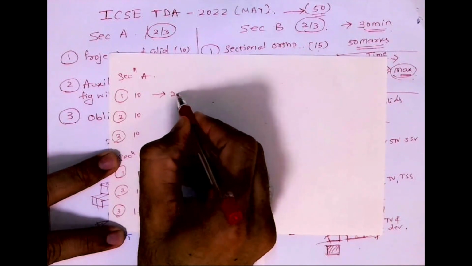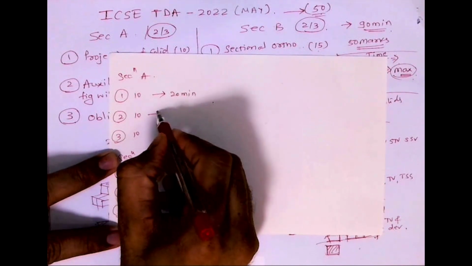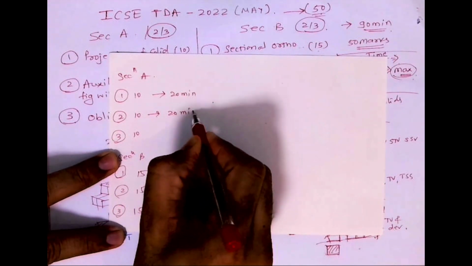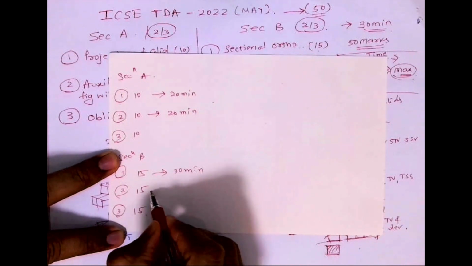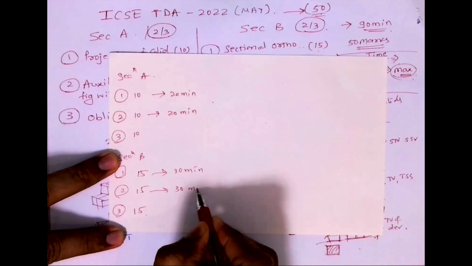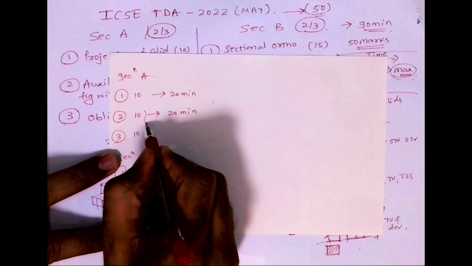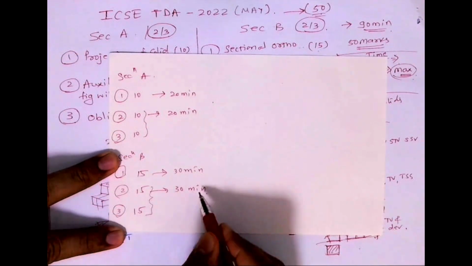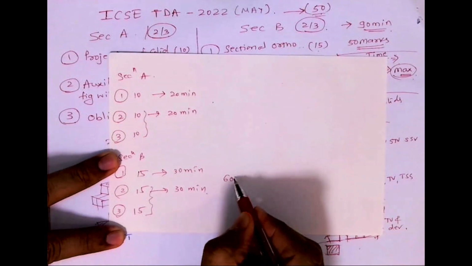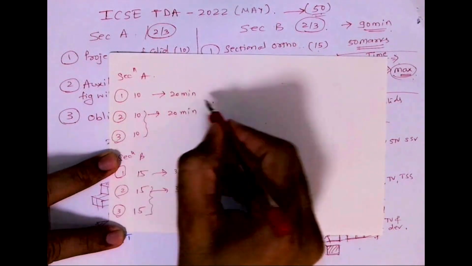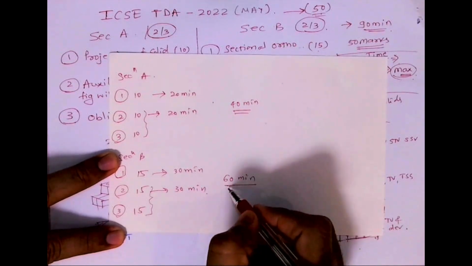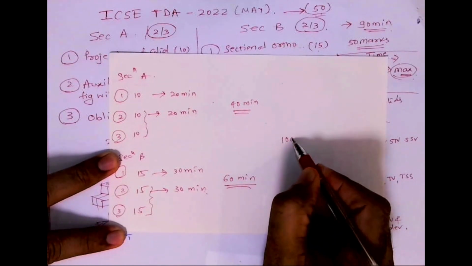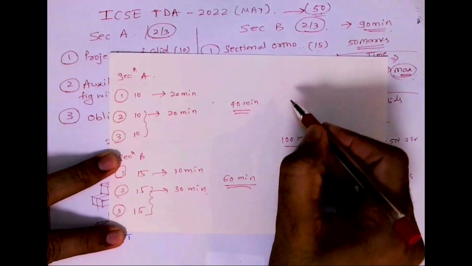Now you can devote a maximum of 20 minutes for each section A question, and 30 minutes for each section B question. If you calculate, it becomes 100 minutes. And we have how many minutes? 90 minutes. So 10 minutes are less.